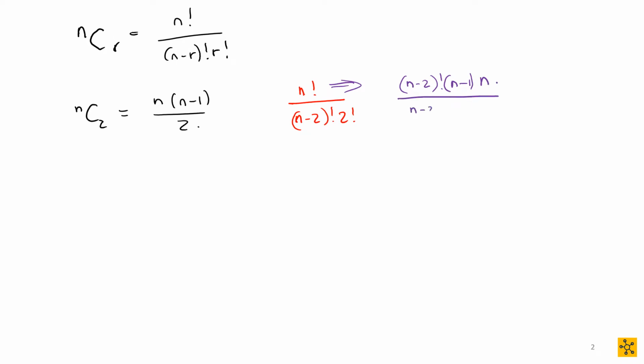Then the (n minus 2) factorial and the 2 factorial cancel out, and that's what gives us this n(n minus 1) divided by 2.